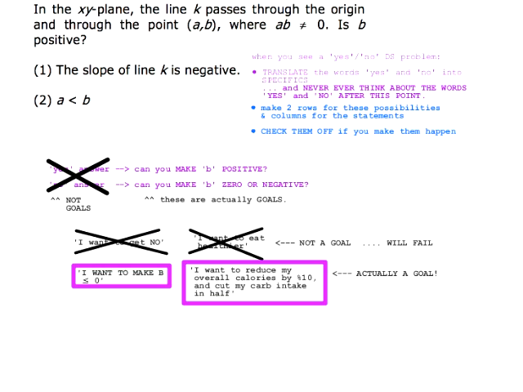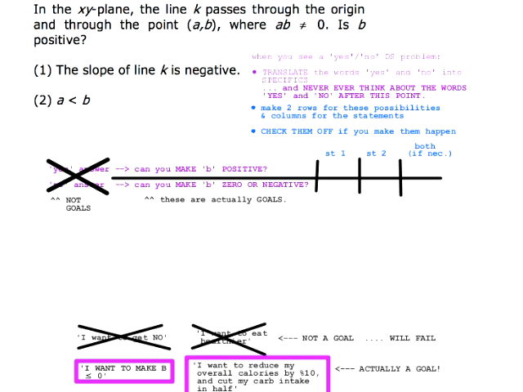Can you make B positive? That gets a row. Can you make B 0 or negative? That gets a row. Statement 1 gets a column. Statement 2 gets a column. And then if necessary, both of them. There you go.